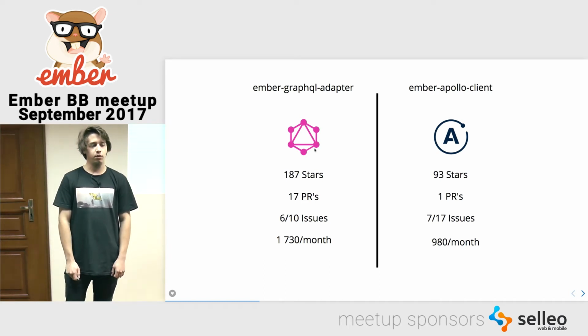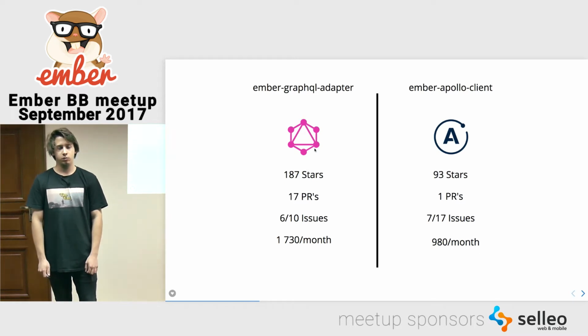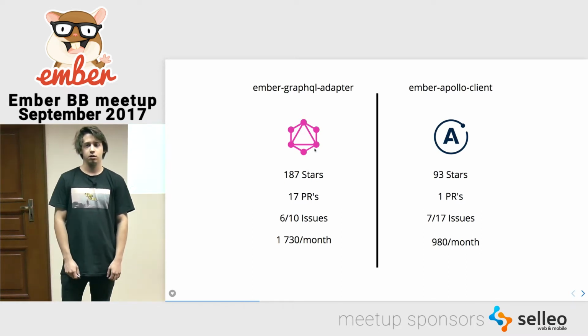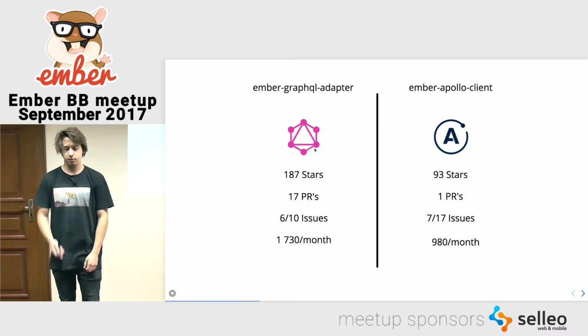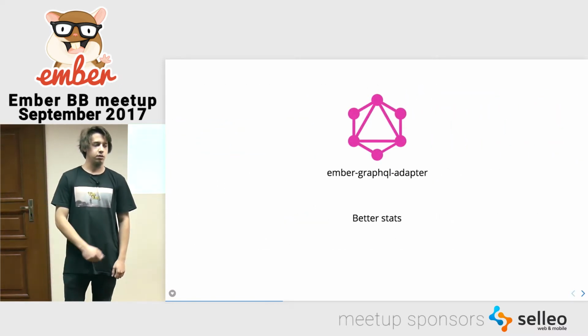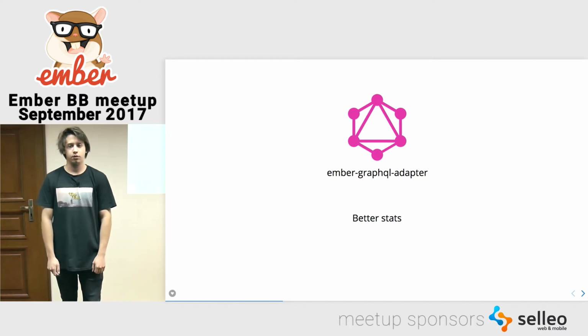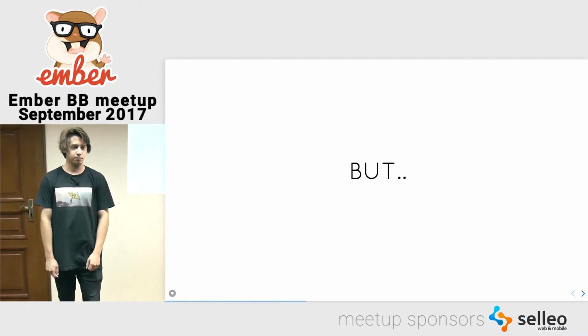And Apollo client is a wrapper for JS Apollo client. It's some kind of mini framework for playing with GraphQL. So, like you can see in the previous slides, Ember GraphQL adapter just has better stats, but there is always the bad keyword.